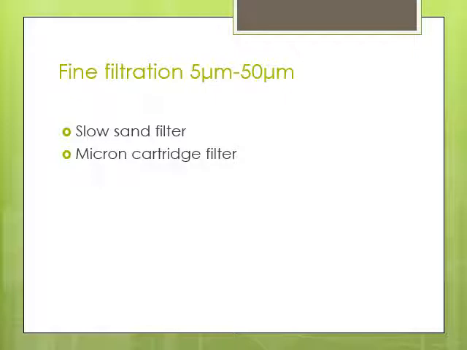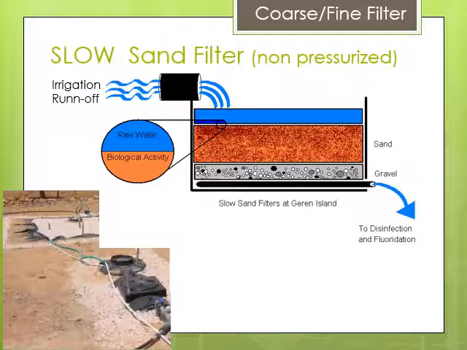But one of the more environmentally sustainable ways is what's called a slow sand filter, and the other one is a micron cartridge, right? So we already saw those, and we know that those cartridge filters are expensive. A slow sand filter is not a pressurized one where you reverse the flow like our other sand filters.